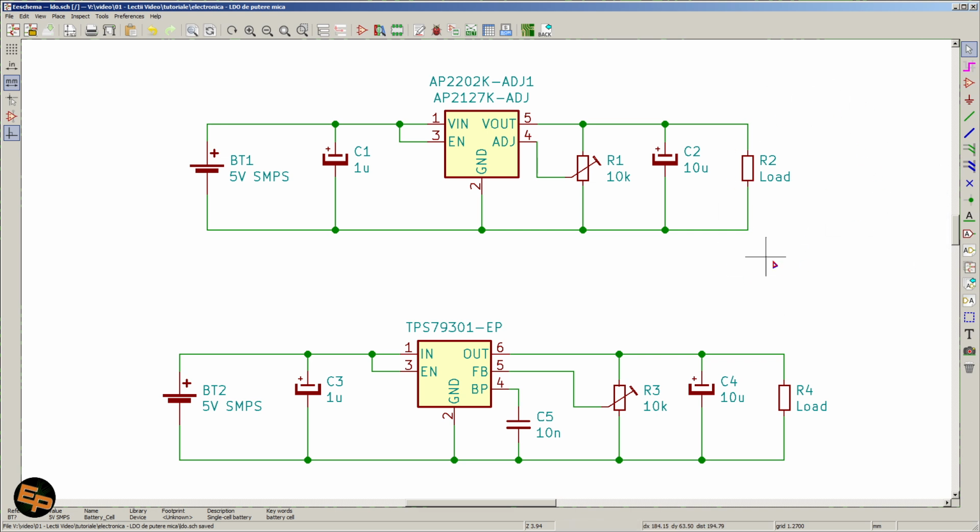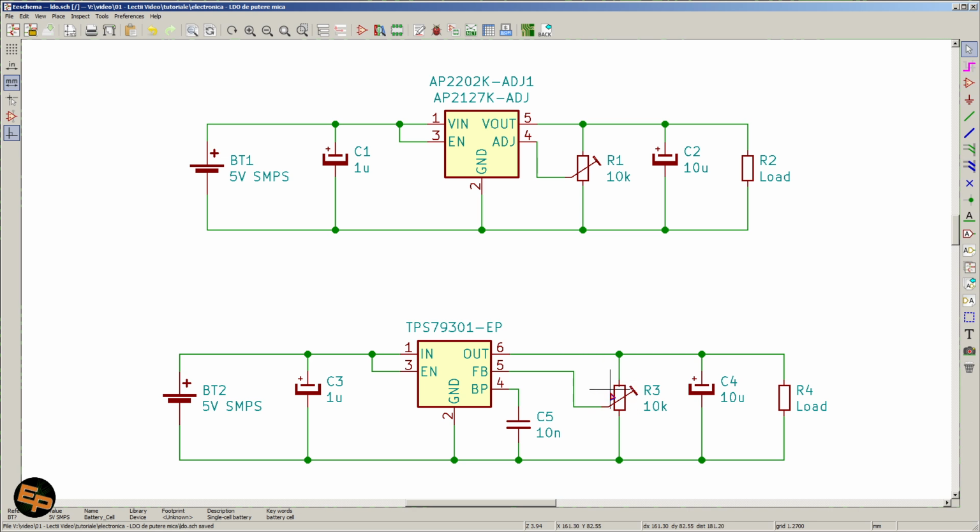And of course, I have used various resistors as loads. I have used different resistors to pull different amounts of current, and I have taken a look at the input voltage ripple and then the output voltage ripple.